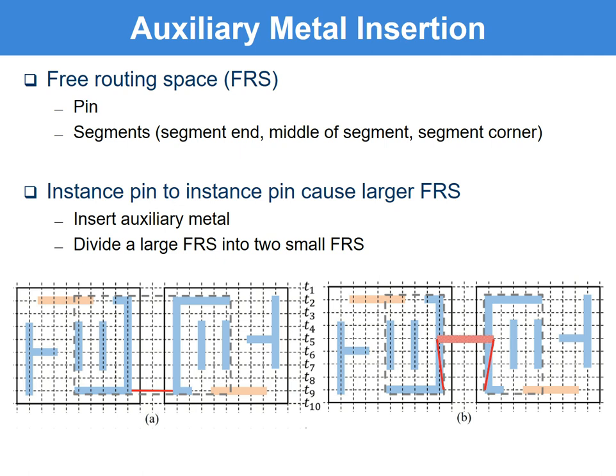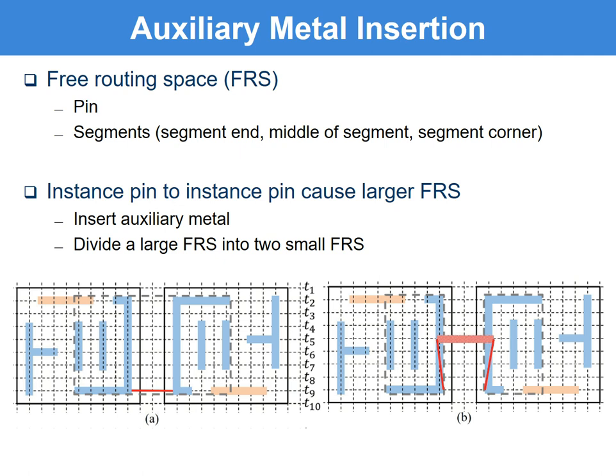The objective is to complete the detailed routing of each connection within its free routing space. To simplify the problem complexity, it is important to keep the free routing space as small as possible. However, the connection of 2 pins of different cell instances, which is referred to as a type 4 connection, can result in a larger free routing space.